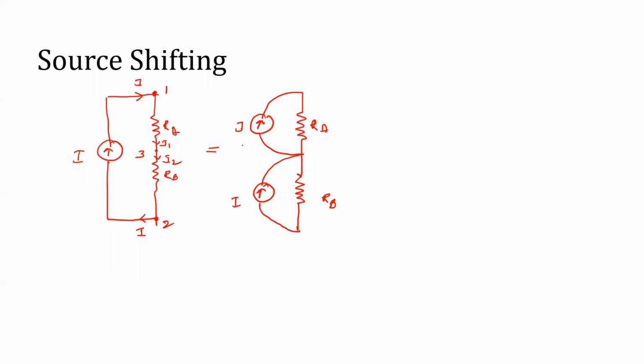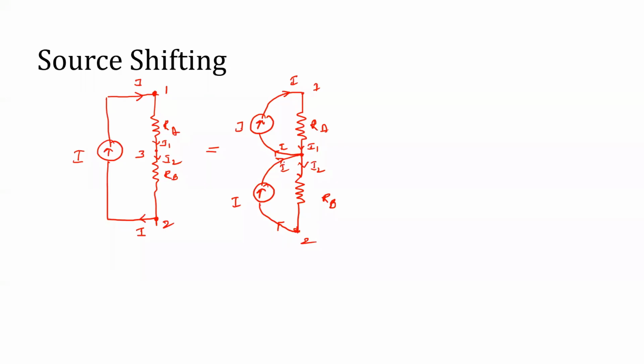All right. Then do you say that the same thing is happening in this network? Node 1, where current I is coming, node 2, current I is leaving. At this node current I1 is entering, I2 is entering, I is entering, I is leaving.